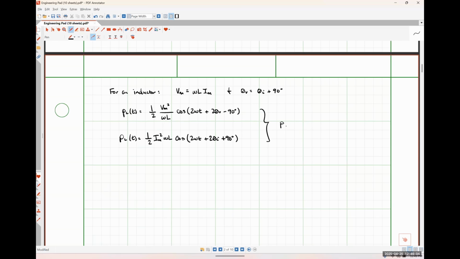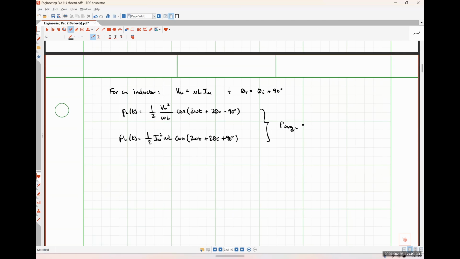So what is the DC part of this power? Nope. That's the magnitude.